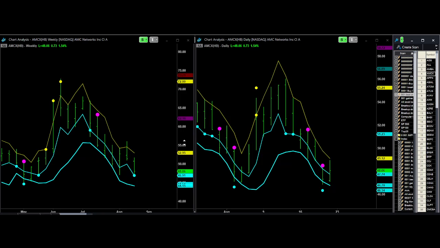So for this stock, you see the closing price of this weekly chart is close to this minimum value, and the daily chart is also close to this minimum value for the first layer, the first defense. So this is also approaching the low price region.